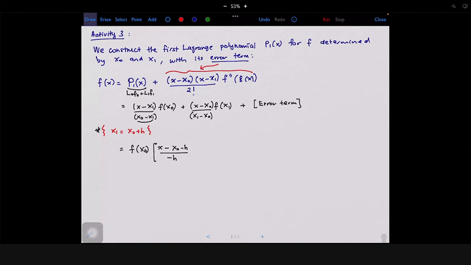And then plus f(x1), where x1 is x0 plus h, times x minus x0 divided by x1 minus x0, which is over h. Plus the error term here.